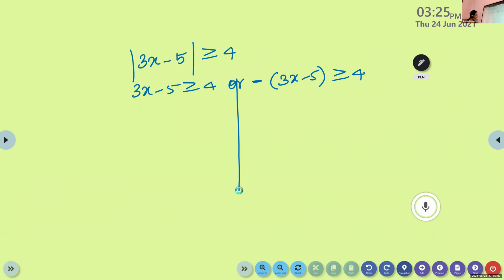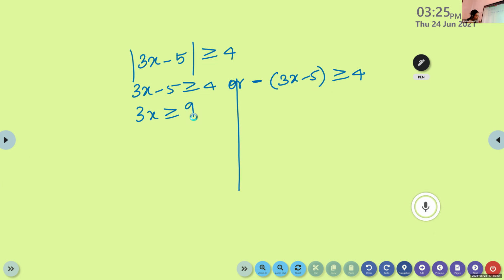Shubham, what is the next step? So you can write this as 3x is greater than or equal to 9, isn't it?